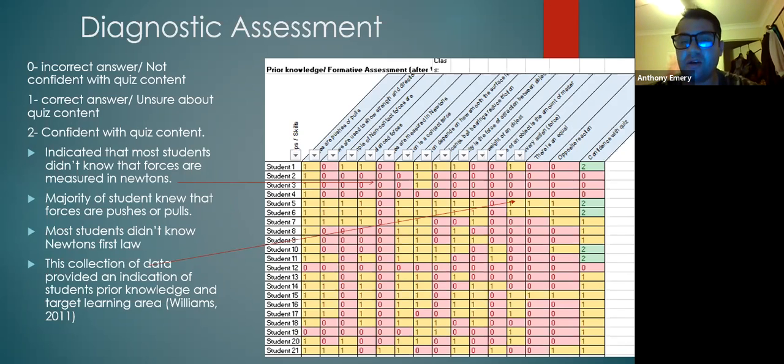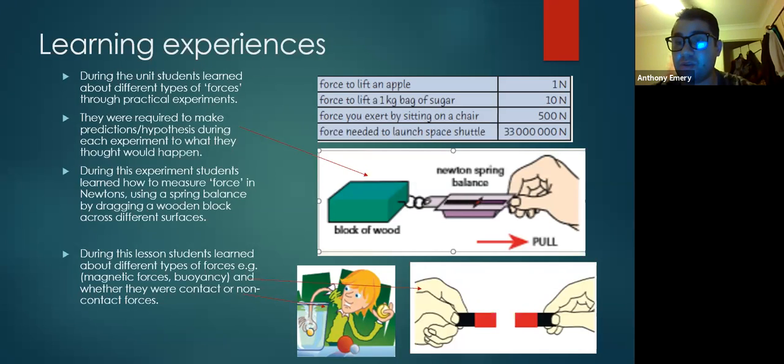As I mentioned, students didn't know how newtons were used as a measurement for force. So they actually got to demonstrate this using a block, dragging across different surfaces. That would actually measure in newtons, using a spring balance, how much force was required to drag that block across each surface at a steady pace.